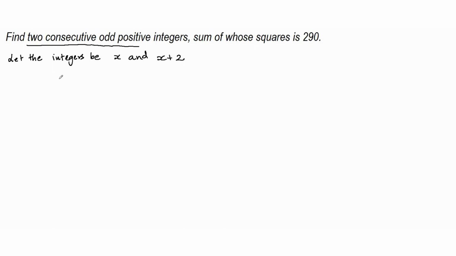It's given that the sum of their squares, that is x square plus x plus 2 the whole square, is equal to 290, right? So these are two positive odd integers, x and x plus 2, and the sum of their squares, that is x square plus x plus 2 the whole square, is equal to 290. Let us solve this quadratic equation now. This can be opened up using a plus b the whole square.